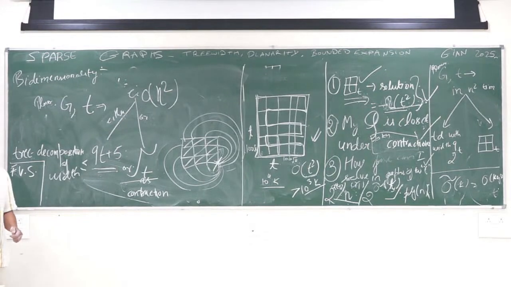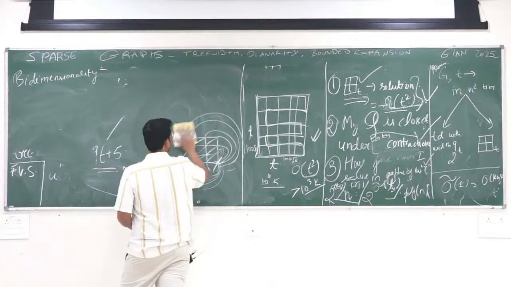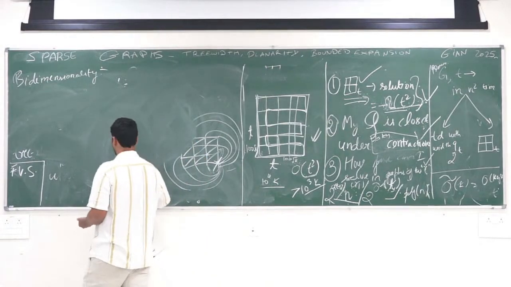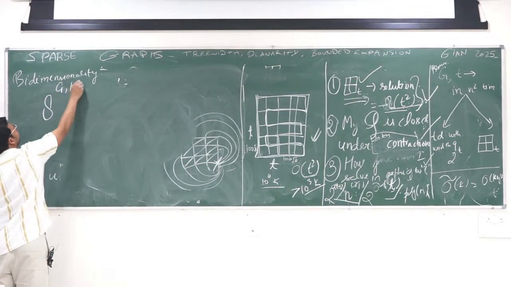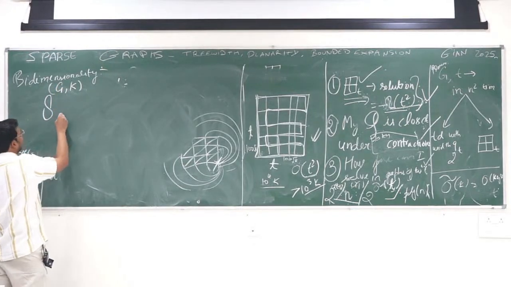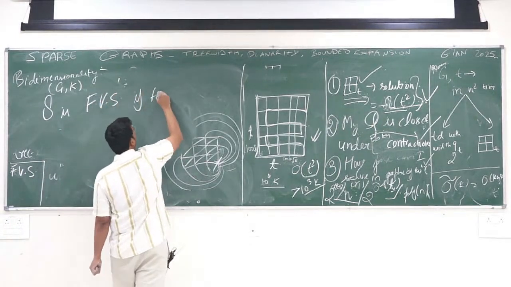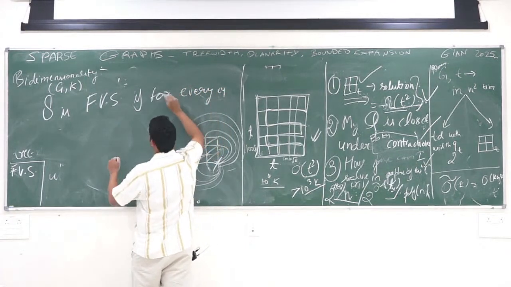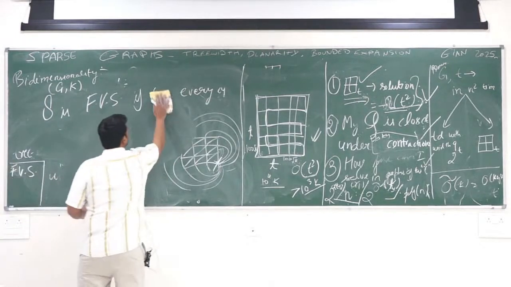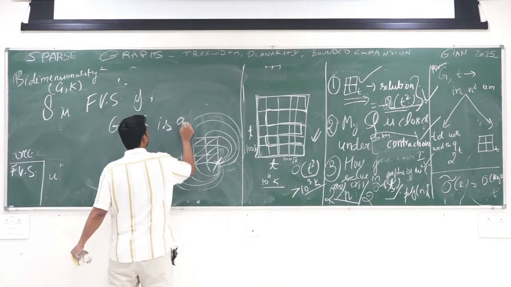Feedback vertex set in a graph is, given G and k, this is our standard thing for some time, a set S is a feedback vertex set if G minus S is a forest.